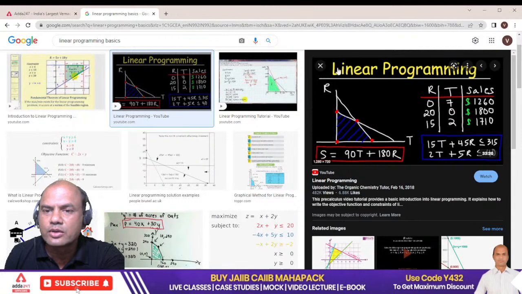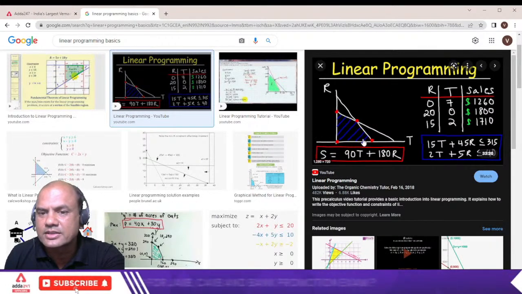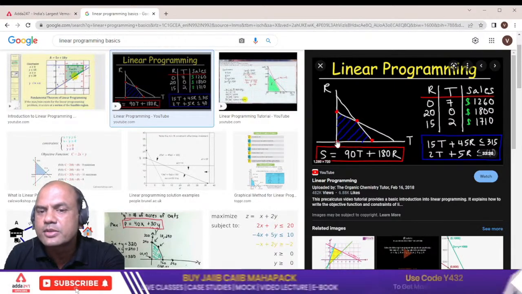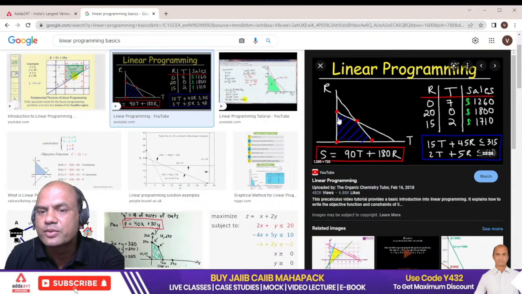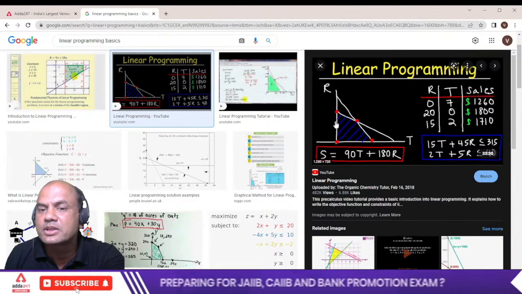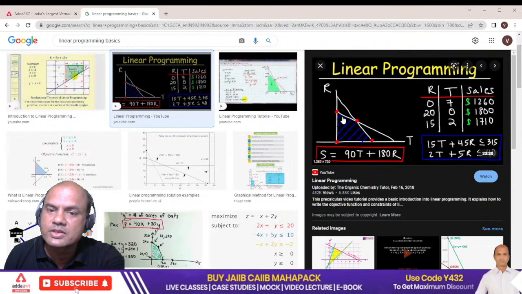Look at this picture. This is the y-axis, this is the x-axis, and this blue region is known as the feasible region. These points are known as feasible points, or the points at which we get the feasible solution. Then what is the optimal solution?